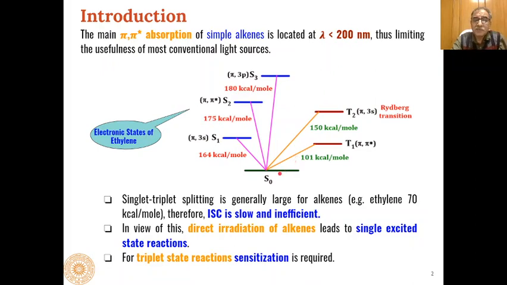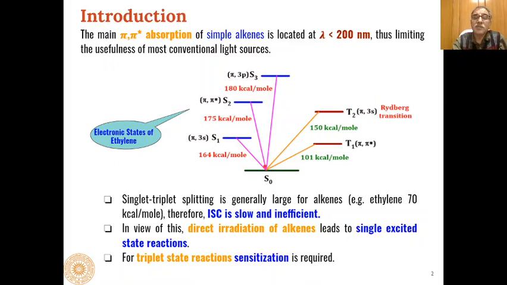And for the different types of electronic states, if we look at the simplest molecule, that is ethylene, then the first excited singlet state, between pi and 3s orbital, requires 164 kilocalories per mole of energy to excite the electron from the ground state to the first singlet excited state.